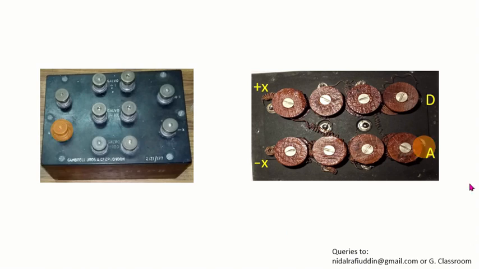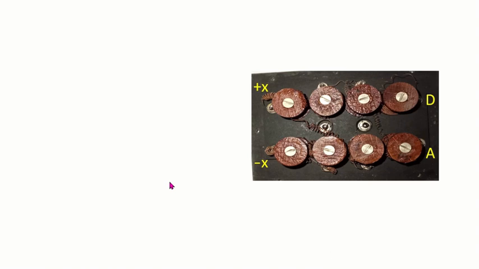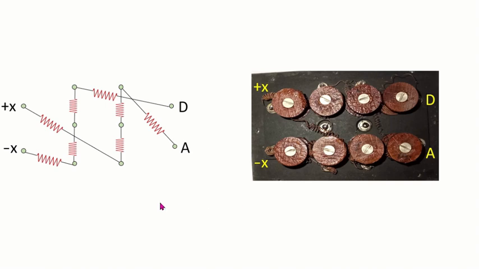This is terminal A shown here, and then we have these terminals, and plus X here and minus X here. If we look at how the connections look, we draw these terminals and the corresponding resistances, and we observe the connection as shown here.